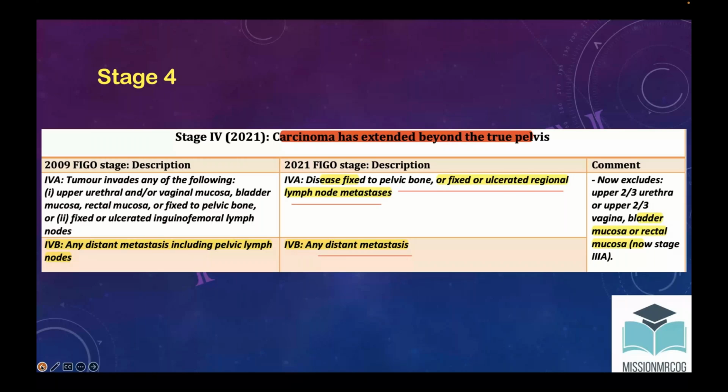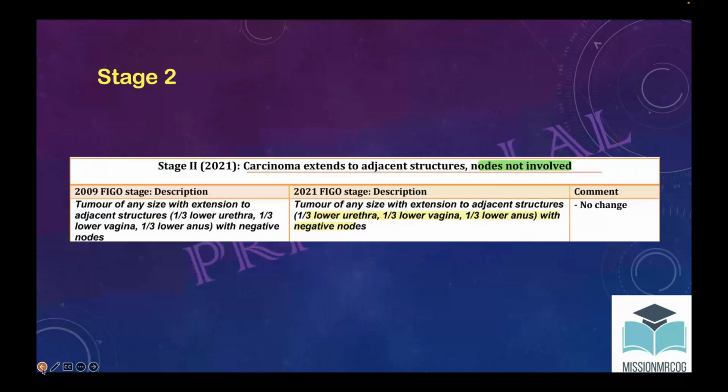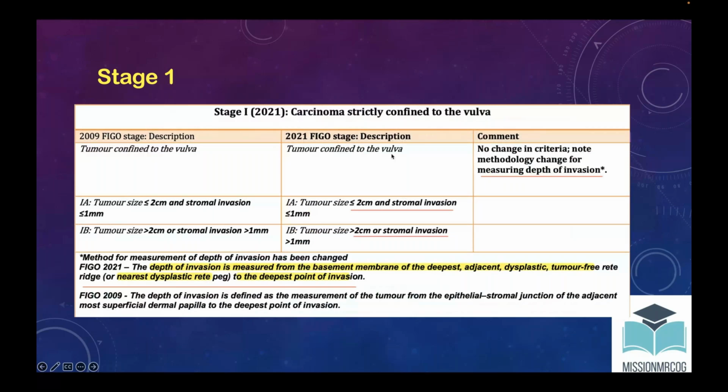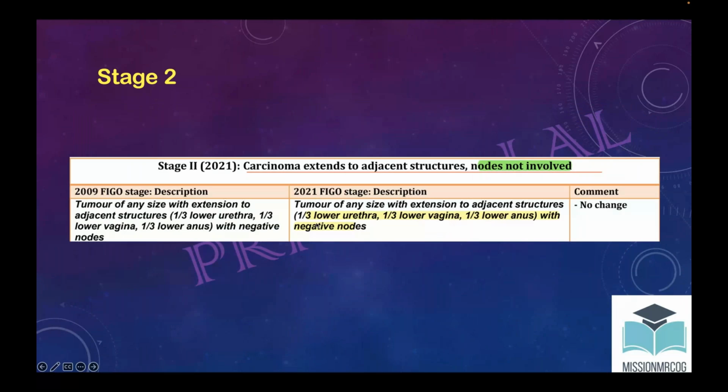Let me go again. Stage 1: tumor confined to the vulva. 1A is less than or equal to 2 centimeters with stromal invasion less than or equal to 1 mm, and 1B is tumor size more than 2 centimeters and stromal invasion more than 1 mm. Stage 2 is involvement of the lower urethra, vagina, and anus, UVA, with no nodes.